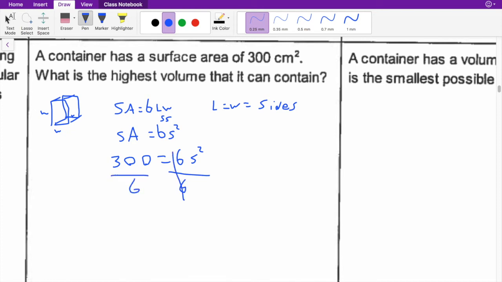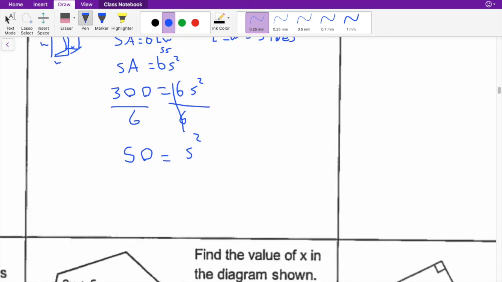These will cancel out. Equals 50 S squared. So how do we get rid of a square? We take the square root of it. So S is going to equal 7.1, right?